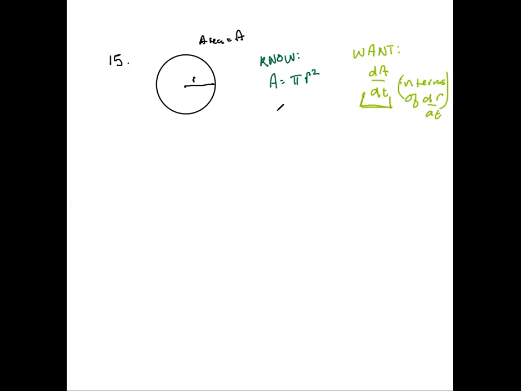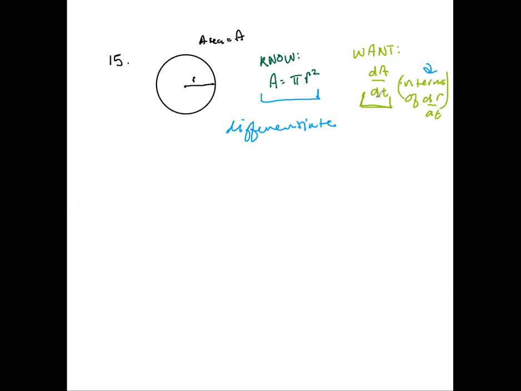So I could take this equation and I could differentiate it. And I could do so with respect to r, so then I would know how A changes when r changes, but that's not what I want. Now we come back to here.